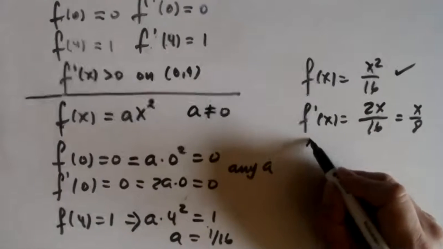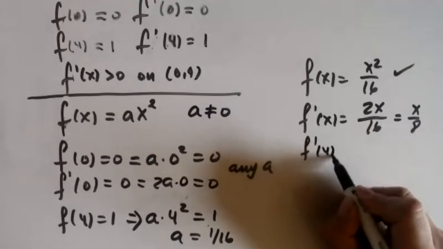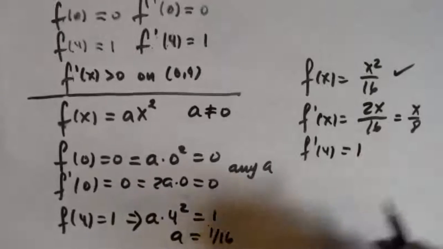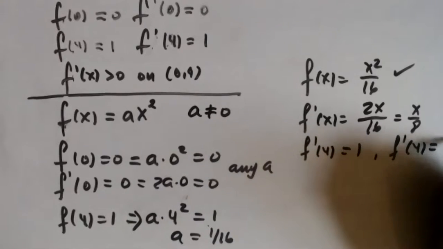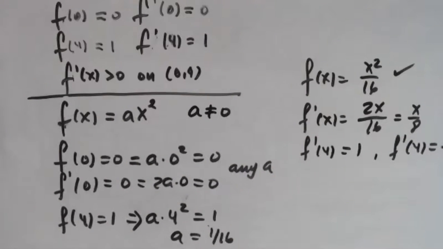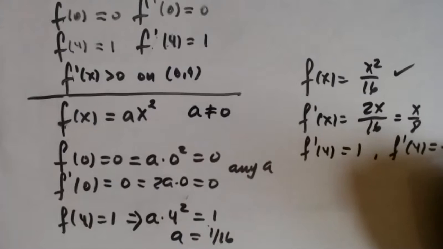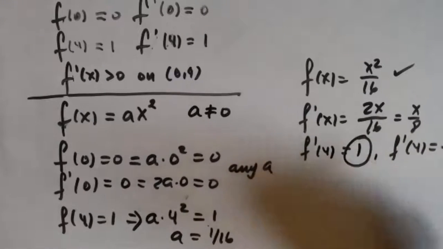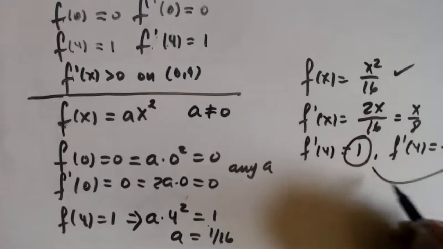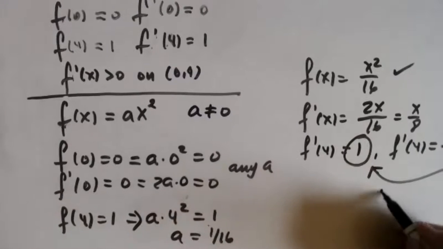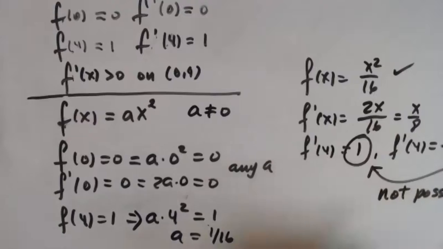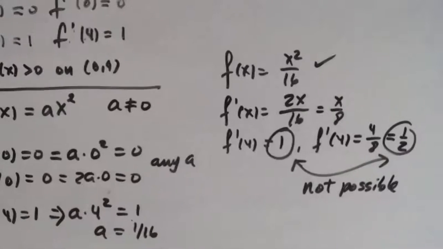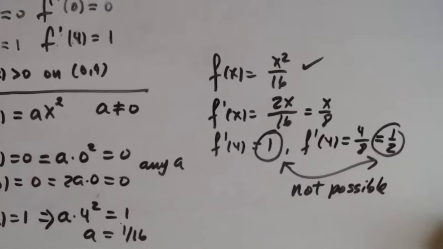And f prime of 4 should be 1, but according to my function it is 4 over 8, which is 1/2. So these are different. So not possible.